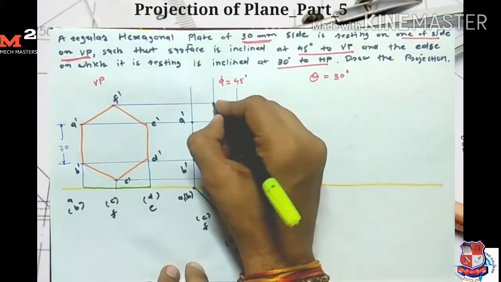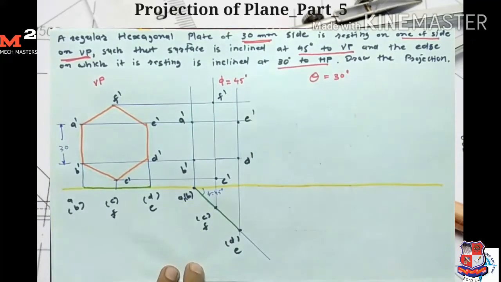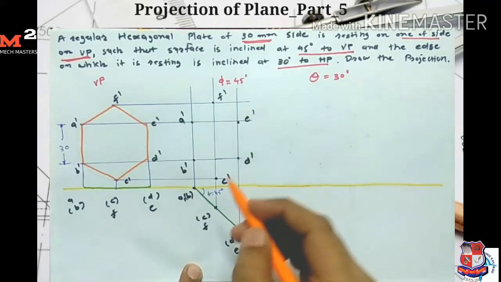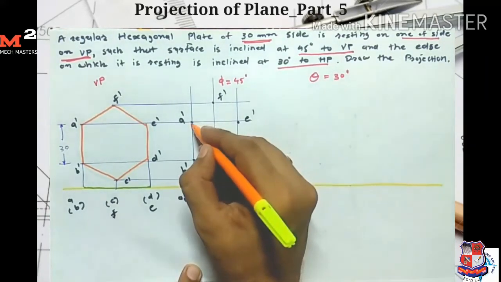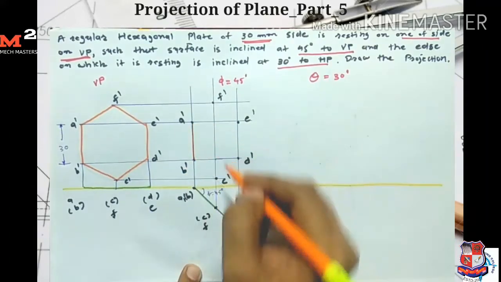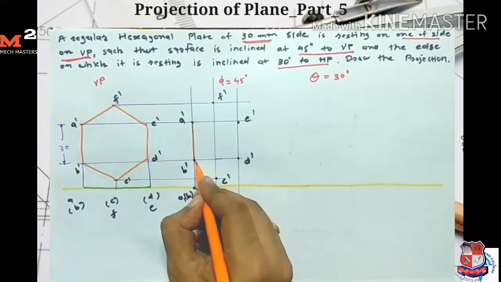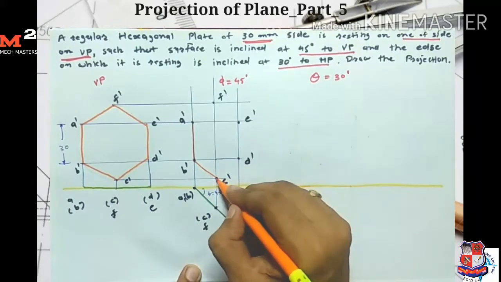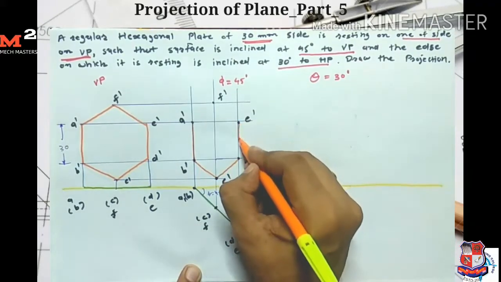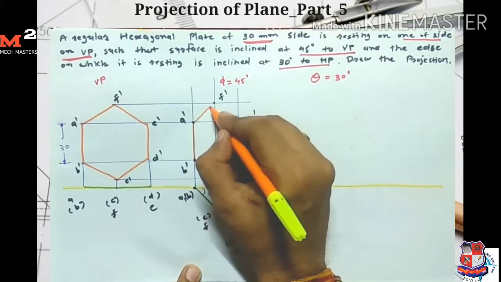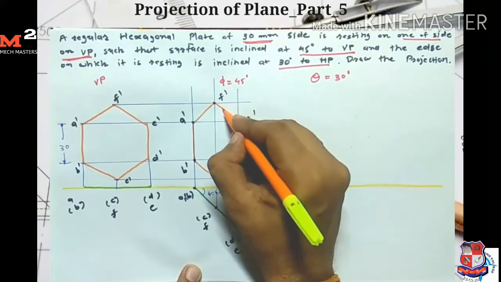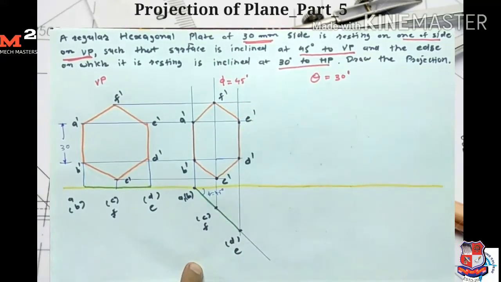So here I get my point F dash. Now after joining these points, I get the front view of the second stage. So in this way I complete the second stage of this problem.